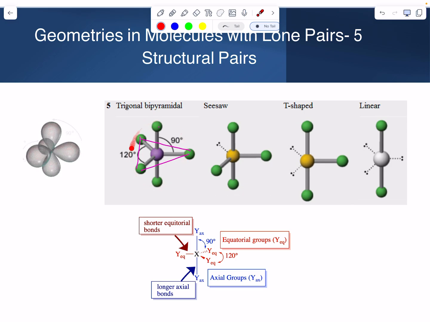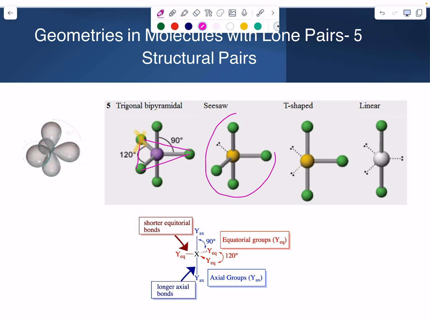Now, when we add lone pairs to this, you're essentially keeping the same arrangement in space, but you're going to be losing one thing. So imagine, in this case, that we have a lone pair, and we're just imagining that atom not there. What's the shape you get? The shape you get is called a seesaw.